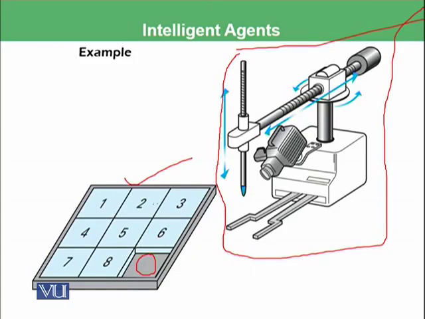This is the perfect location, where all of these squares should be placed in this way. Maybe I can move this 6 downward, this 5 here, this 4 here, this one over here, and so on. So I can disturb the order. Then this agent will try to make it in the perfect order. How it will do that, we will be discussing in some of the next modules.